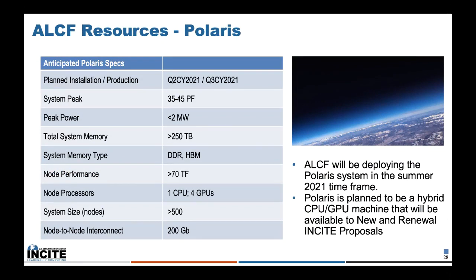The anticipated Polaris configuration is for a system with peak performance of between 35 and 45 petaflops and total system memory greater than 250 terabytes with DDR and HBM types of memory too. The node performance should be greater than 70 teraflops with compute nodes composed of 1 CPU and 4 GPUs, the same ratio that you have, for example, in Frontier. The system will have about 500 nodes, and we have 200 gigabits of node-to-node interconnect. Next, please.